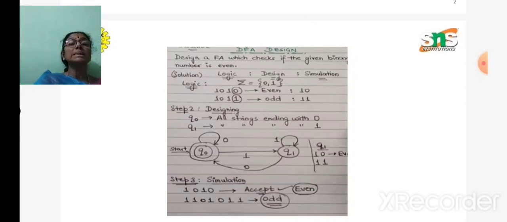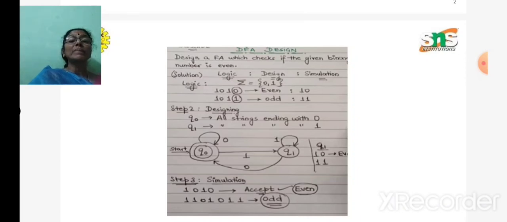You have two states. If the last symbol is 0, it is an even number. If it is 1, it is an odd number. So we have two states, q0 and q1. This is the design.